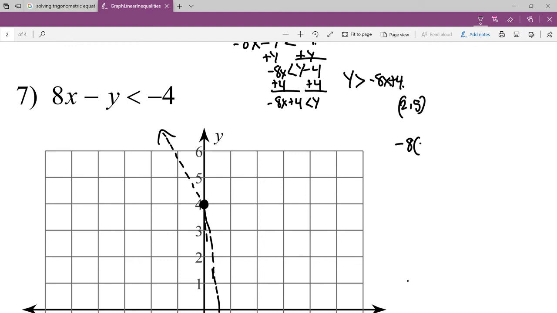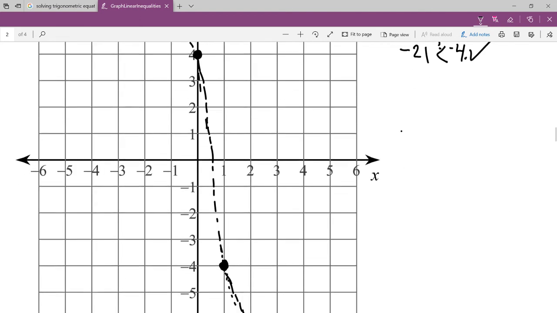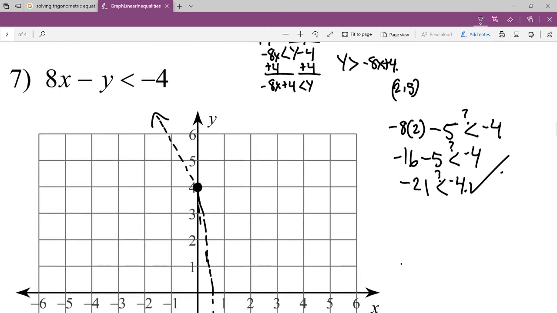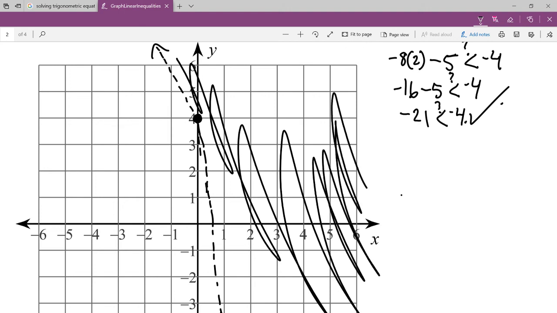So we can say -8 times 2 minus 5, is that less than -4? Negative 16 minus 5, is that less than -4? Negative 21, is that less than -4? So yes, it is. So therefore, we go ahead and shade to the right, or above the line.